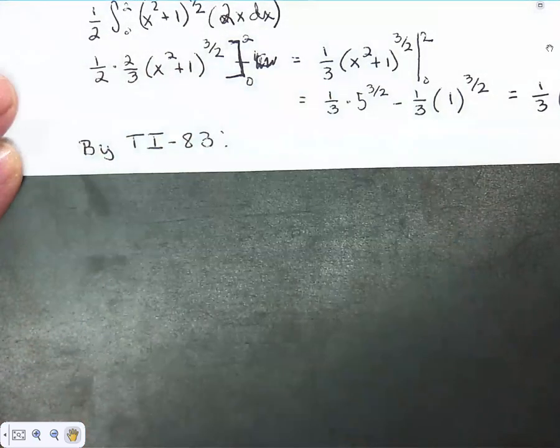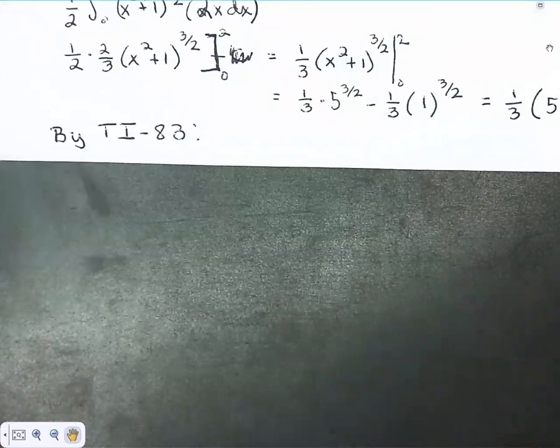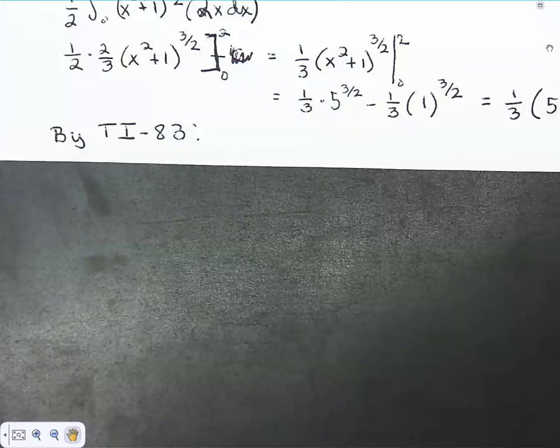Our favorite thing, actually. Use numeric integration on the calculator. Math 9. And then enter the function, comma x, comma 0, comma 2.